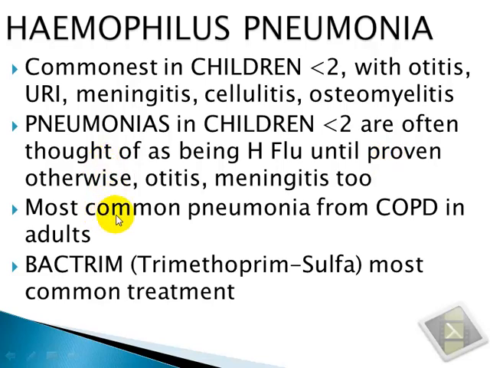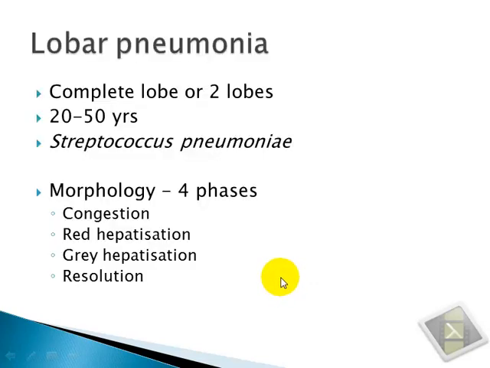This is also one of the most common pneumonias seen in adults who are suffering from COPD, and we have a wonder drug called Bactrim, which is a combination of trimethoprim and sulfamethoxazole, which is one of the most common and quite successful treatments of H flu pneumonia or Haemophilus influenzae pneumonia.